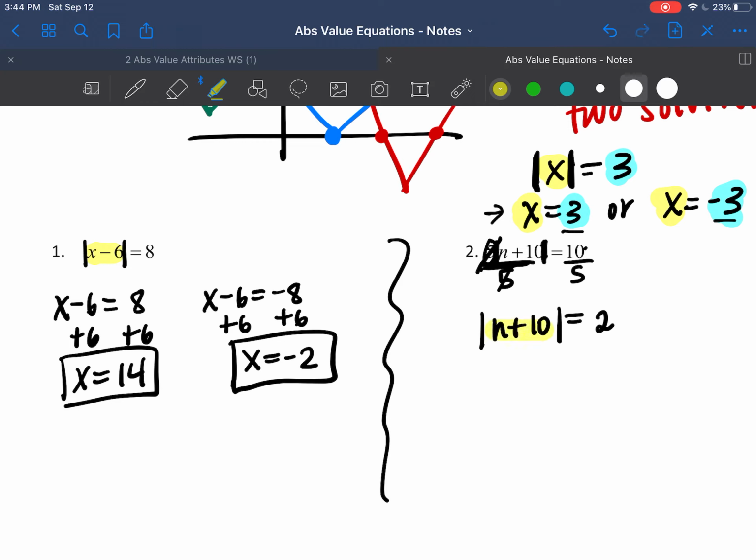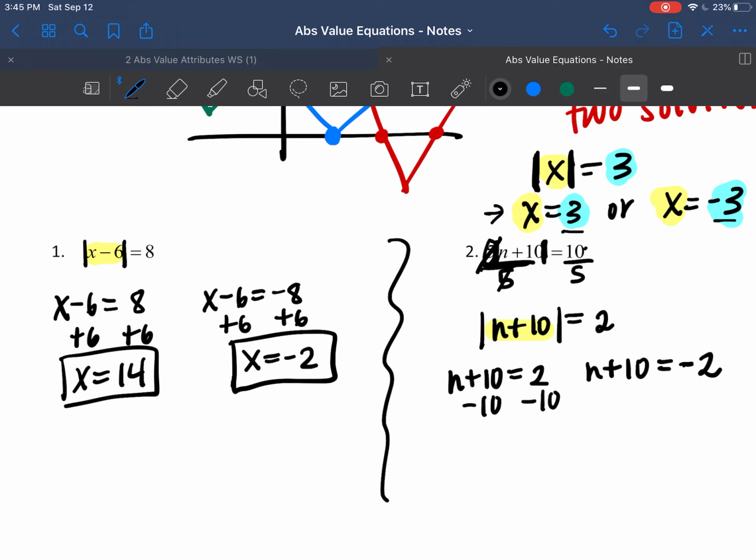We're ready to set what's inside the bars equal to the positive and equal to the negative. Okay, notice the bars are gone. That's why we have this negative case over here. And so on this side, I have n equals negative 8.